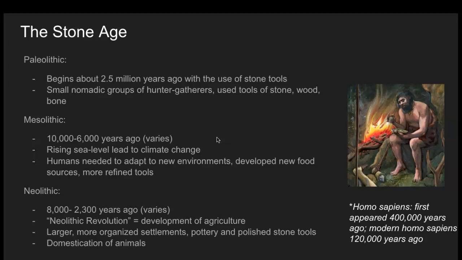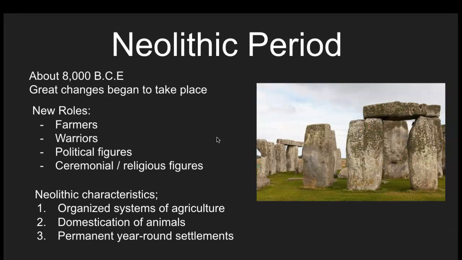And they are now not chasing herds, but rather able to domesticate animals and plant crops, which allow them to stay for longer periods in the same place. So these changes start to happen around 8000 BCE. And those changes really allow for stability.